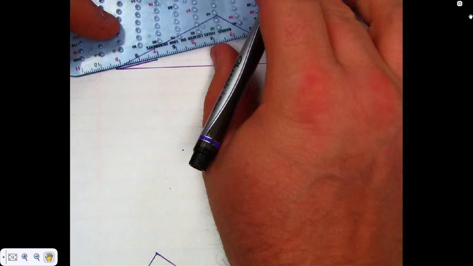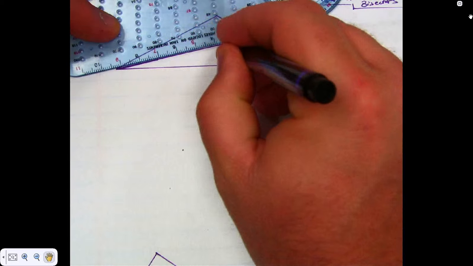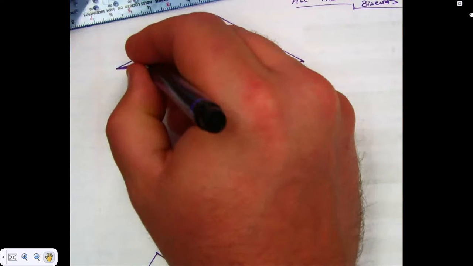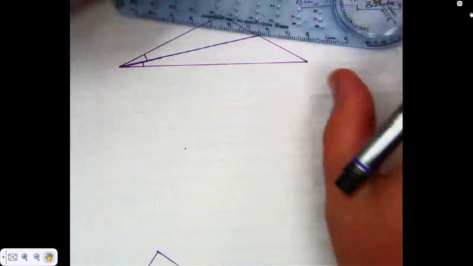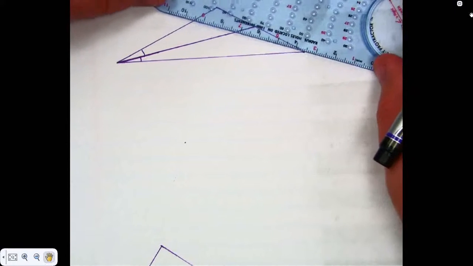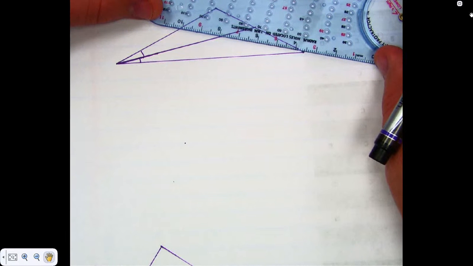All the angle bisectors. Mark it like that to say that's an angle bisector. Now, angle bisector here. Right there. That's fine.